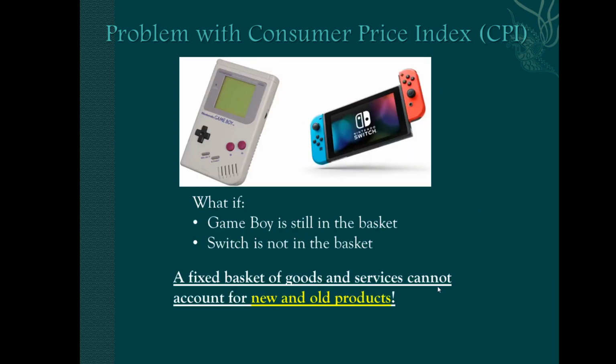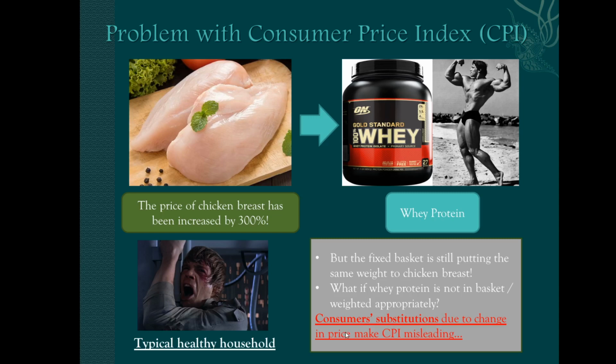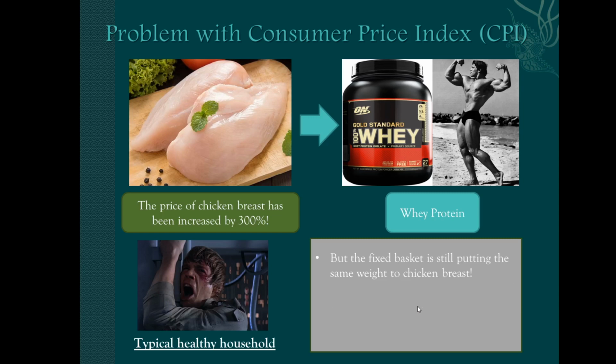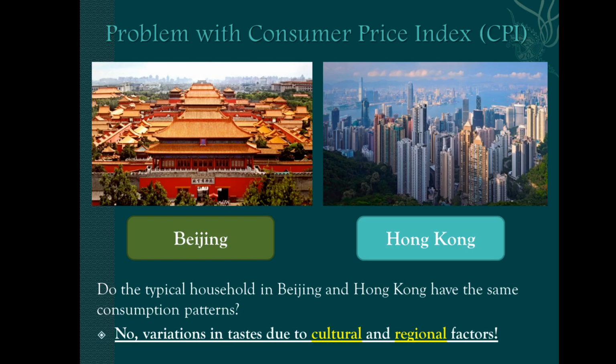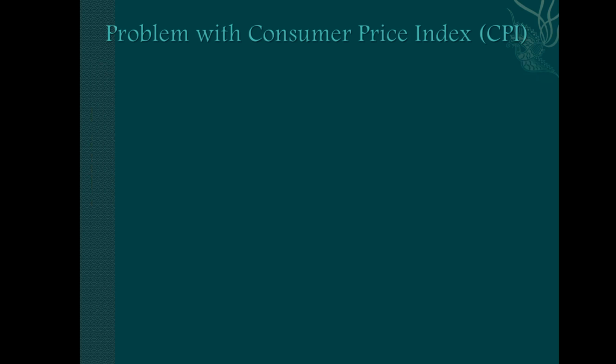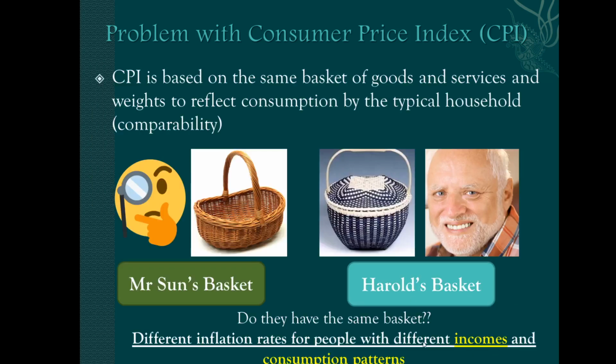One right here, two, new and old products, three, consumer substitutions, four, cultural and regional factors, and also number five, we have different consumers with different incomes and consumption patterns. So we have five. When we talk about the problems of CPI, you can just pick some of them and talk about them.